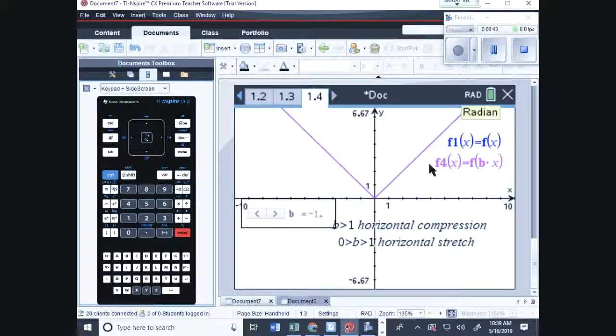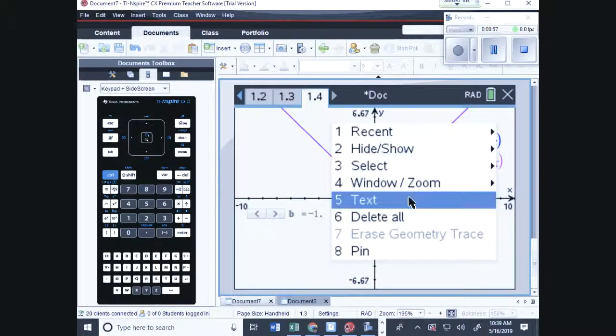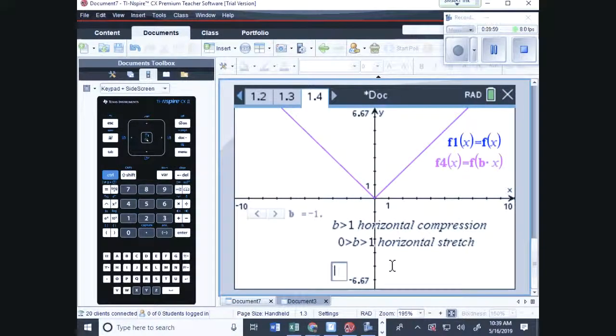Okay, so now we've got those. But what's supposed to happen, what you don't see in this graph, and I'll at least tell you this, is that when b is less than 0, or when there's a negative sign on the b, you have a reflection again, but this time about the y-axis.